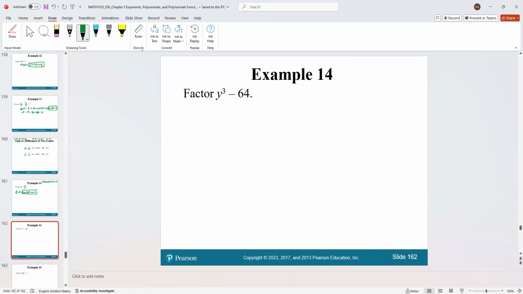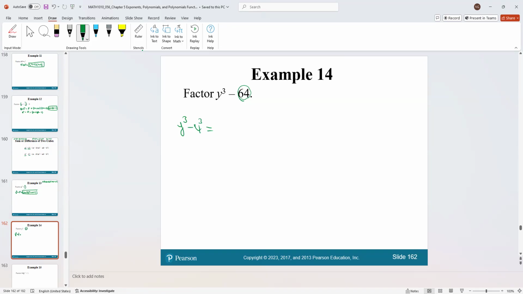Now, let's try another one. For this number, they don't raise it to power 3 already. So it's up to you to know what number you would raise to power 3 to obtain 64. So if we have y cubed, we know 4 power 3 is 64.